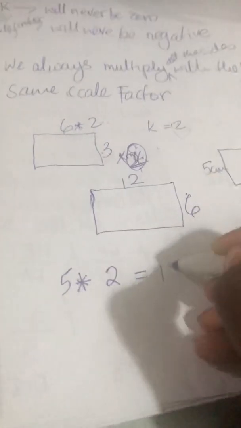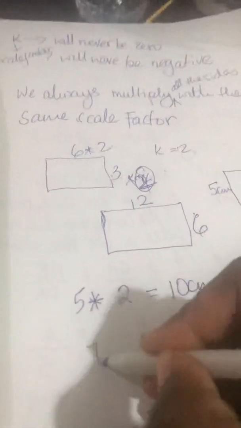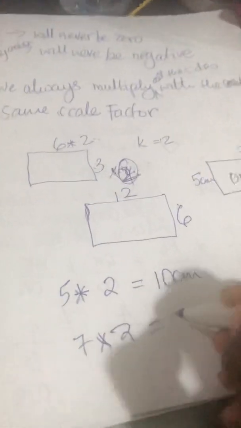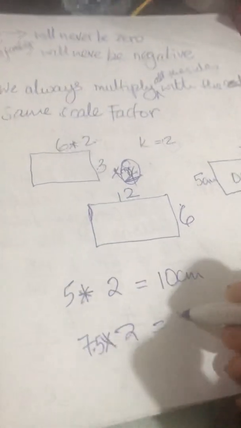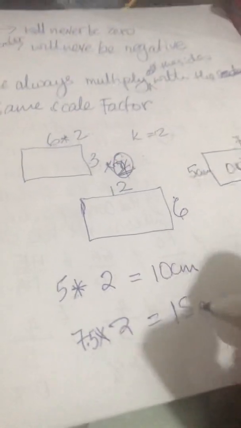Okay, so first he enlarged by 2, then the answer he got, he enlarged by 1.5. You will do 5 times 2, giving you 10 centimeter, and 7.5 times 2, so that gives you 15 centimeter.